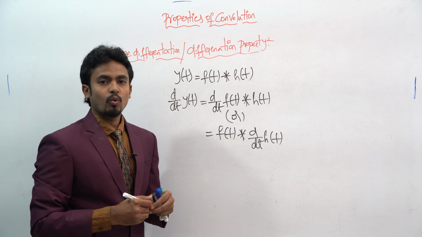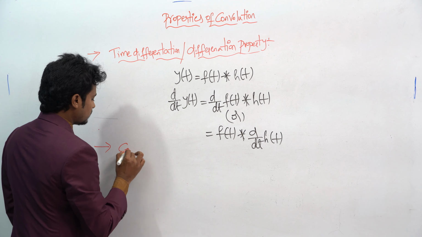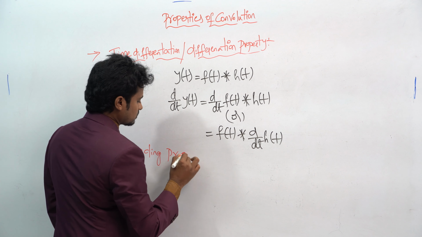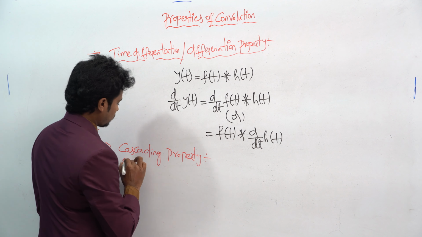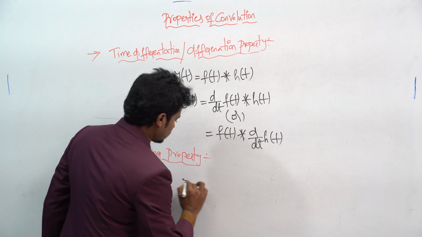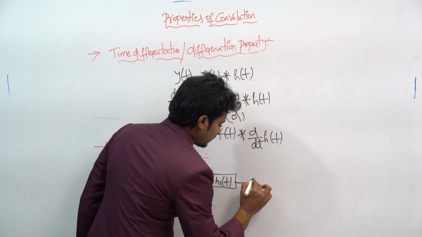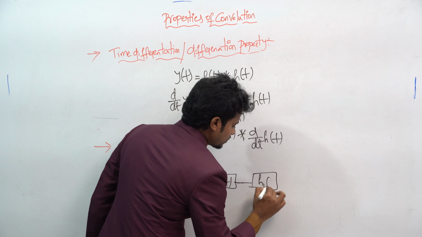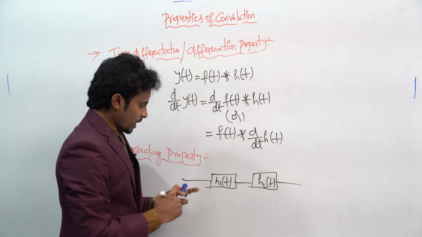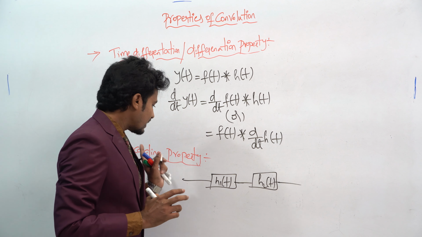Next we will see what is meant by the cascading property. For example, if you take h1 of t and h2 of t and combine them, it becomes a cascade connection.